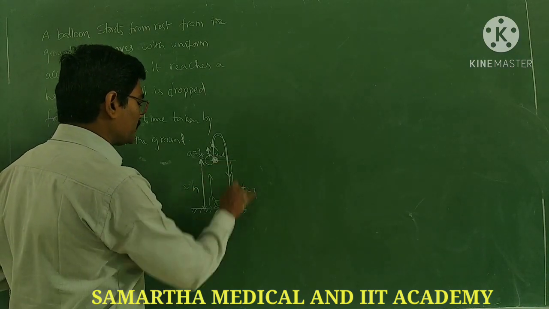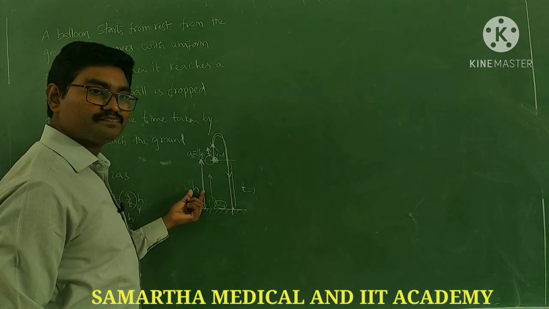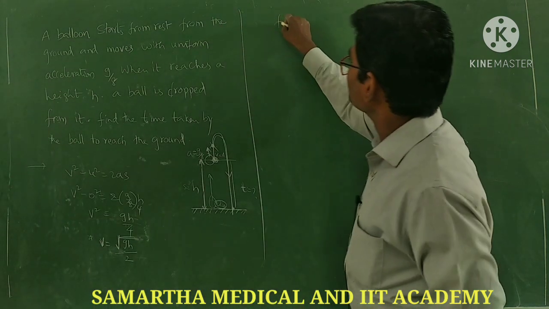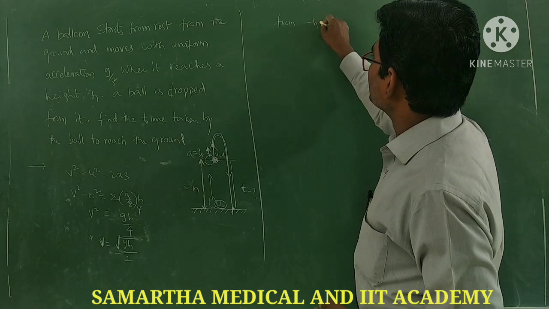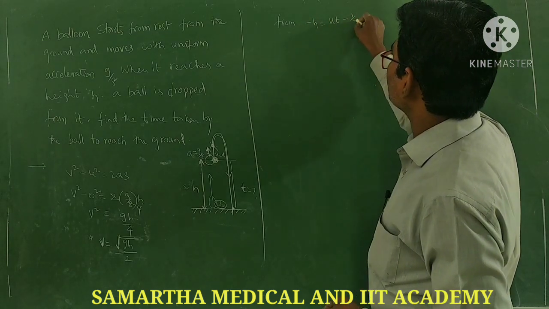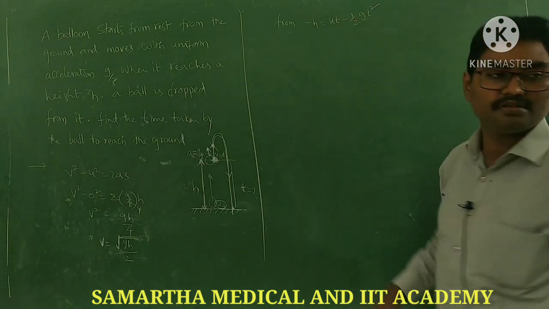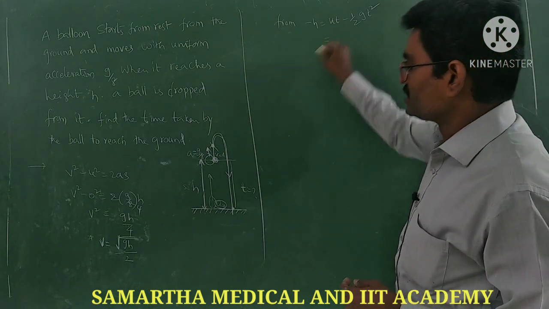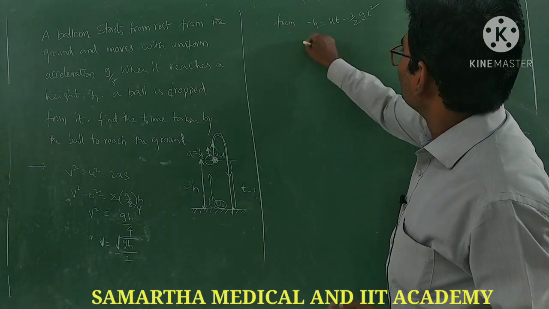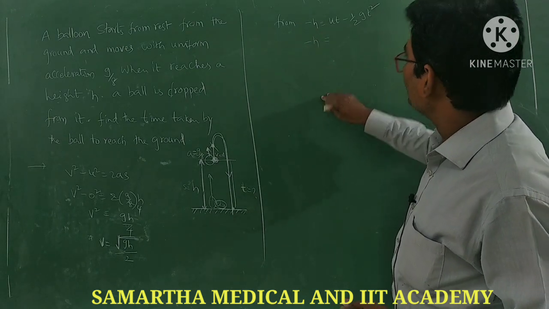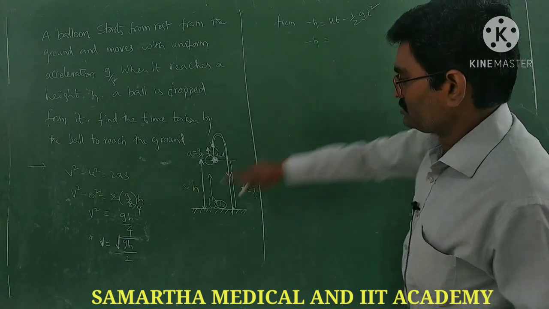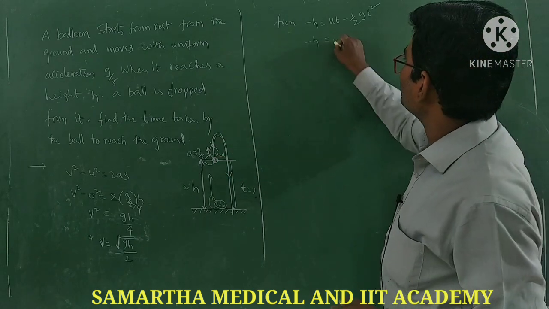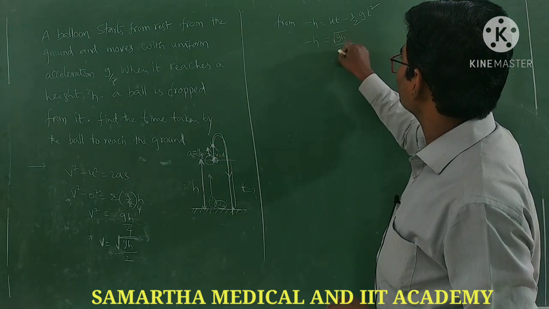The net displacement is equal to minus h. So from minus h equal to ut minus half gt square, as for a vertically projected body from the top of a tower, u is the velocity with which it is thrown, root gh by 2.